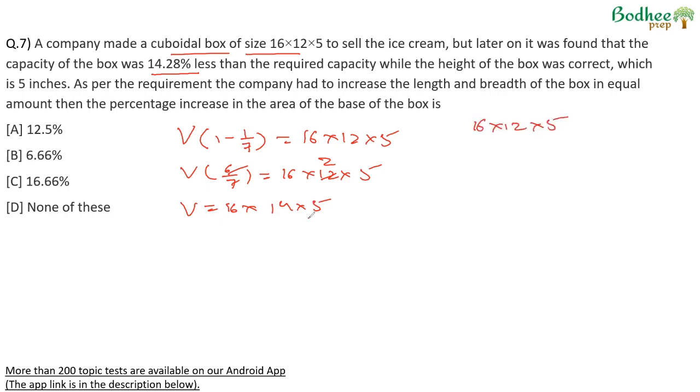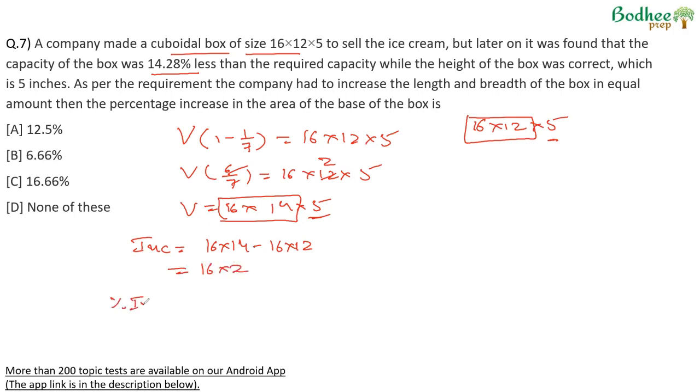Now we know that the height is okay. It should be 5 inches. Therefore, the area of the base that we have is 16 into 12. The area of the base that we need is 16 into 14. And therefore, the increase required is 16 into 14 minus 16 into 12, which will give us 16 into 2.